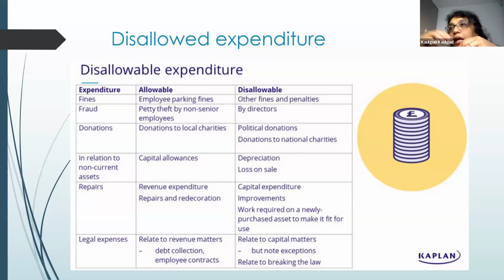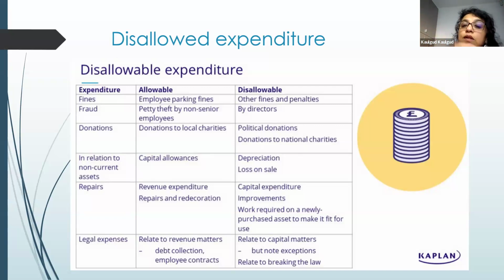Let us say the Labour Party, that is a political donation. But donations to local charities, specific to where you live, are classed as an advertisement, and hence it is allowed.